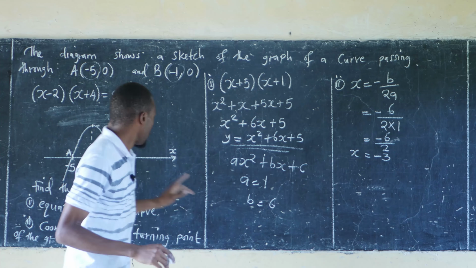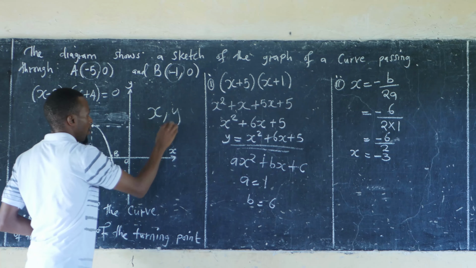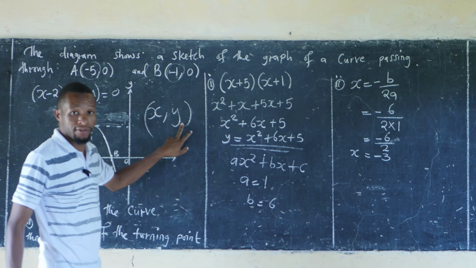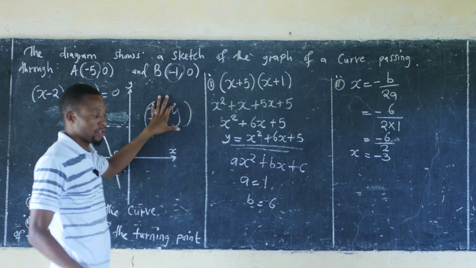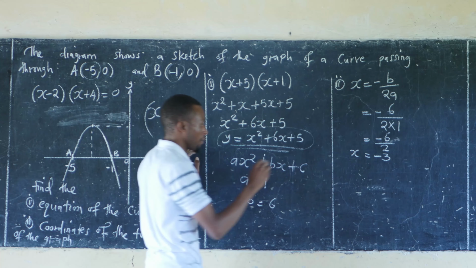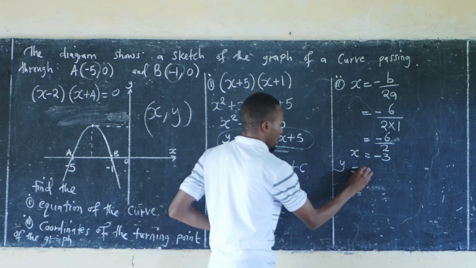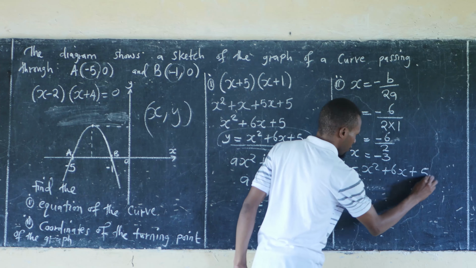We are not done. Remember, we said coordinates, so we're supposed to have x, comma, y. We have the value for x, now we're going for y. To find y, we use the same equation, x squared plus 6x plus 5.